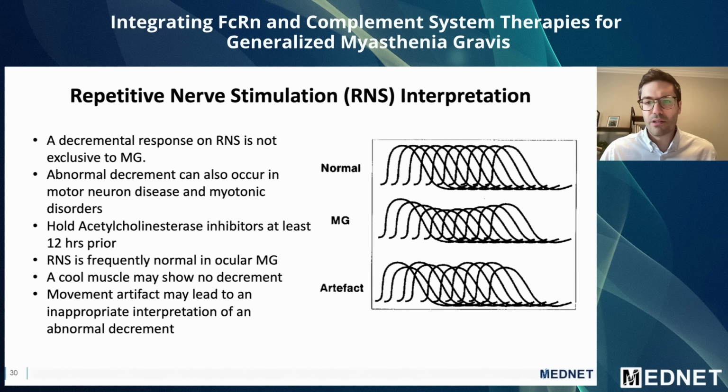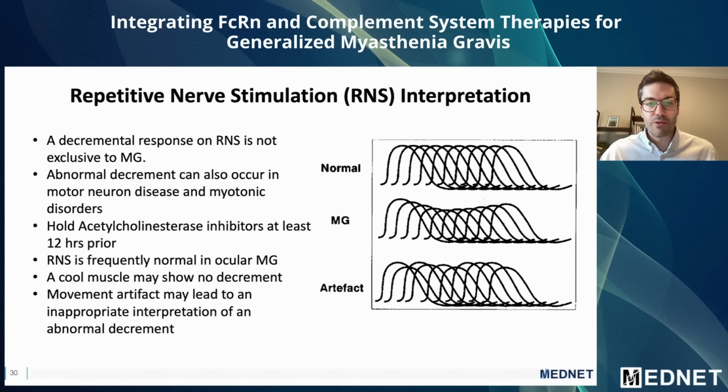Other things to keep in mind is that treatments such as acetylcholinesterase inhibitors or methadone can improve symptoms and also improve rep-stim results. So you can get a false negative. Those should be held at least 12 hours prior. You can frequently get normal results in ocular MG. So it's of higher yield, if you have a purely ocular or very mild ocular MG, to go straight to single fiber EMG testing if you have that available.